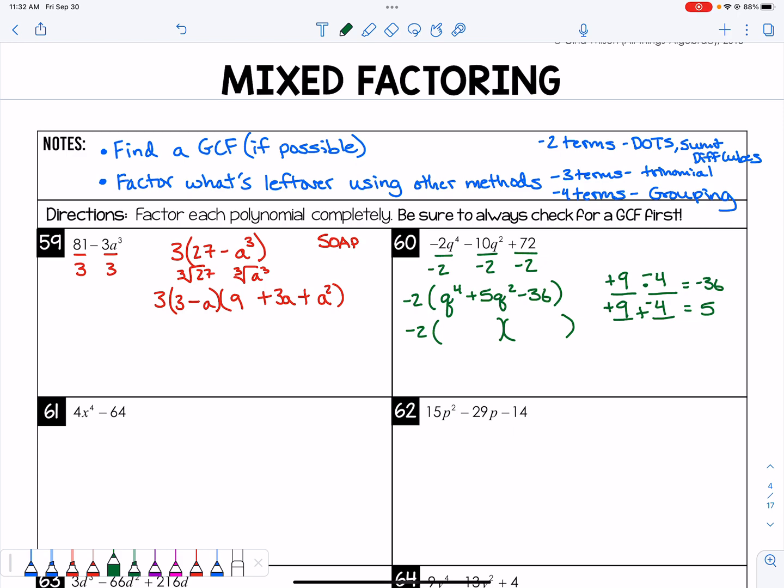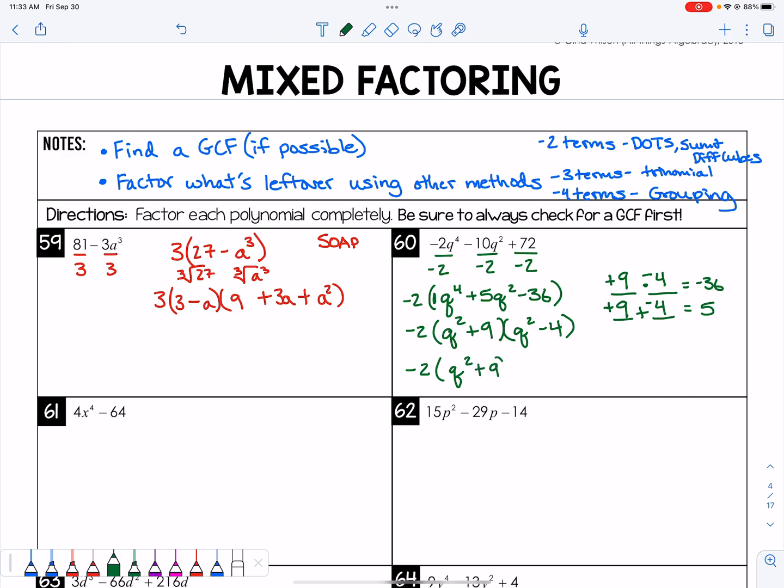So then I need to put in place, I have q squared. Since my a value was just 1, I could do it with the more simple methods for this one. So q squared plus 9, q squared minus 4. And then I noticed that that q squared minus 4 is a difference of squares. So I've got to actually do one more step and factor that one a little further.